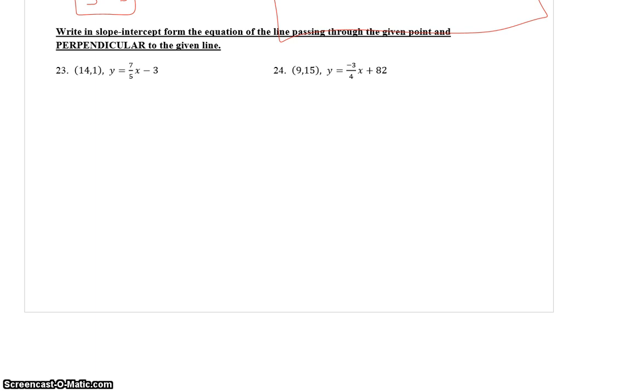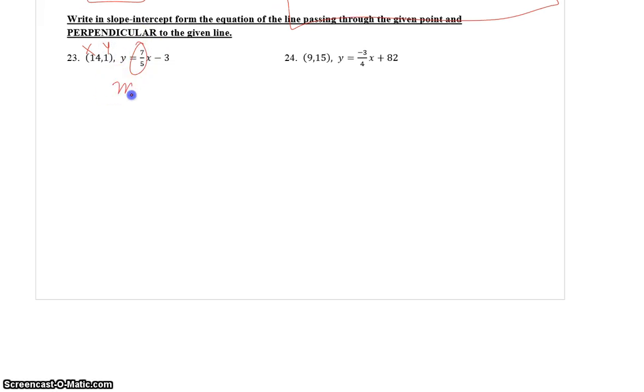And then finally we are going to write an equation that is perpendicular. So again, we have x, we have y, and here the slope is 7 over 5. That means that we are going to use the slope of negative 5 over 7 because we want it to be perpendicular. So we had to flip it and change the sign. So if we plug into y equals mx plus b, we get 1 equals negative 5 over 7 times x, which is 14 over 1, plus b.